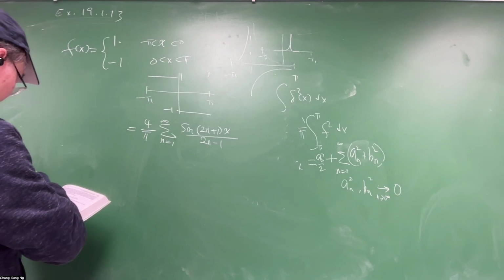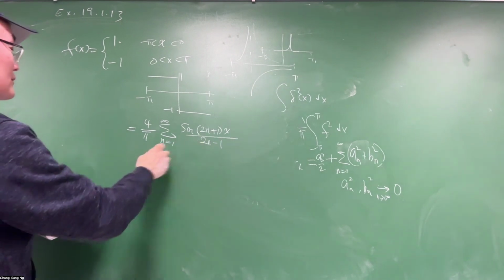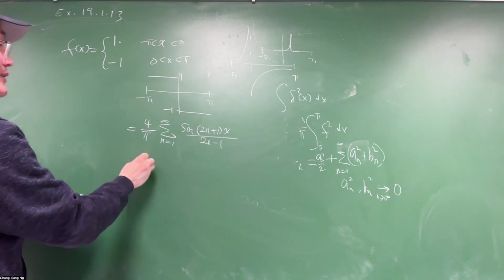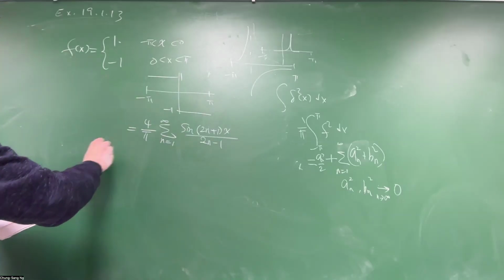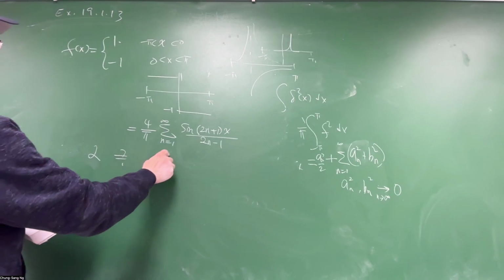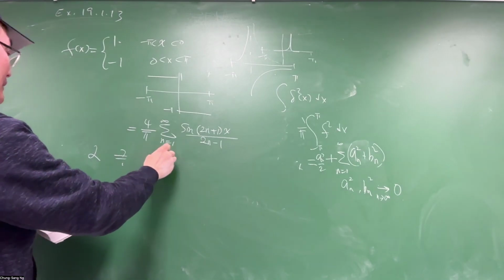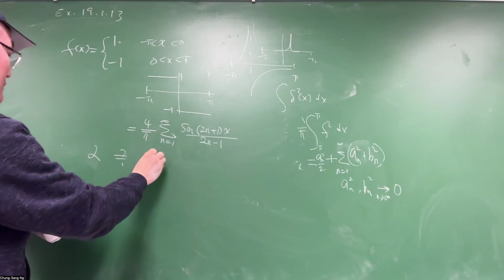Show this by applying the Parseval identity. Okay, so you want to see the left-hand side is 2, equals to the sum over all the squares of the coefficients, right?